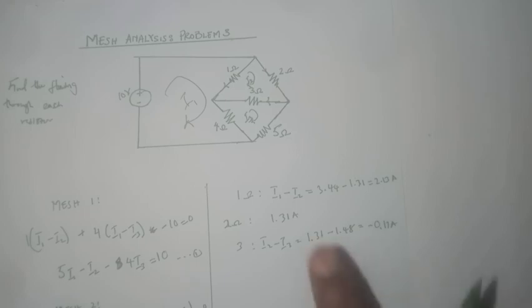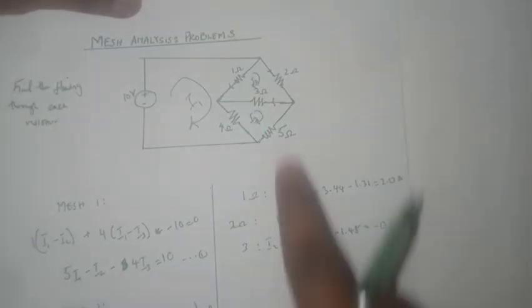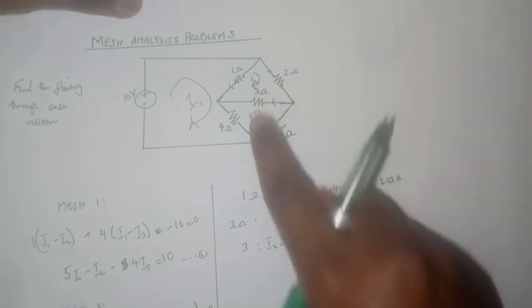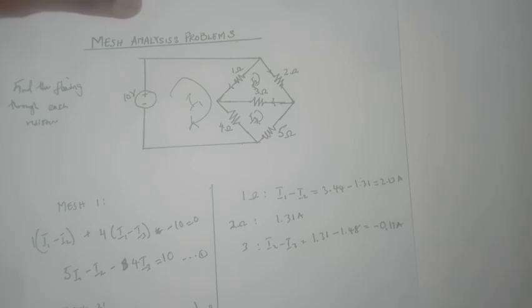And this negative sign means that we have assumed the wrong direction for the current flowing through our 3 ohm resistor. So we should have assumed the opposite direction. But since we've given it a negative sign, we're still cool.